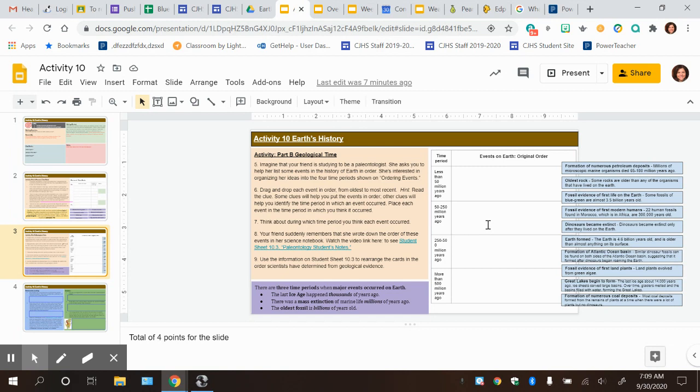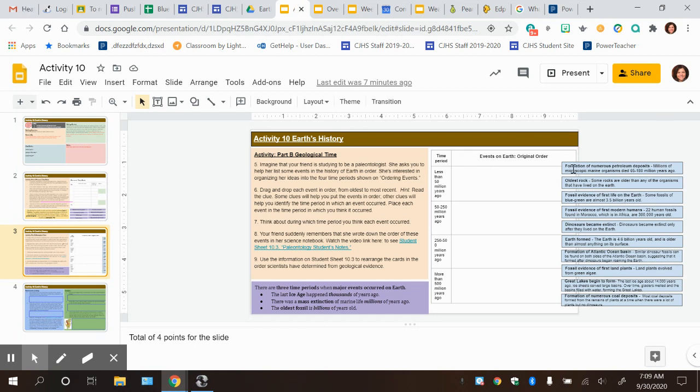So my suggestion would be that you read through all of these, and the first thing, before you even try to place them in the time periods here, is that you at least get them in an order that you think. If you think you know the time period that you could place it in, do so.